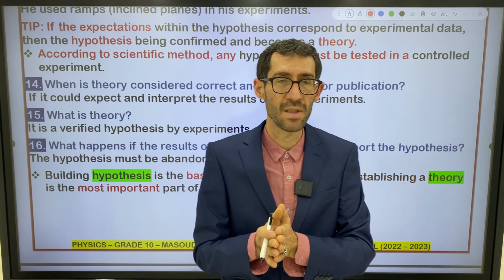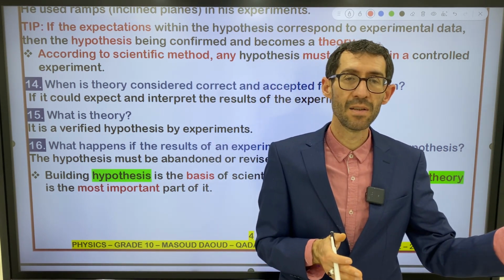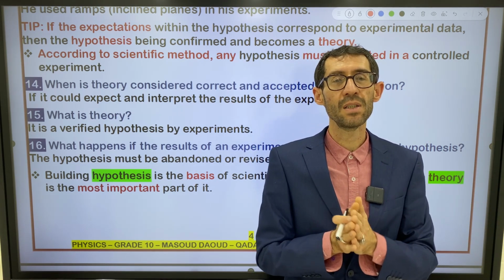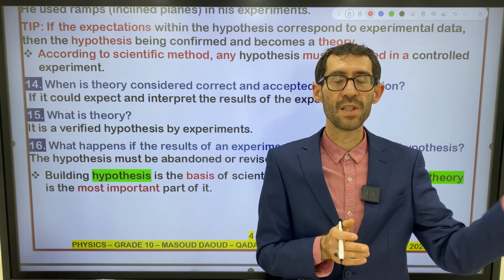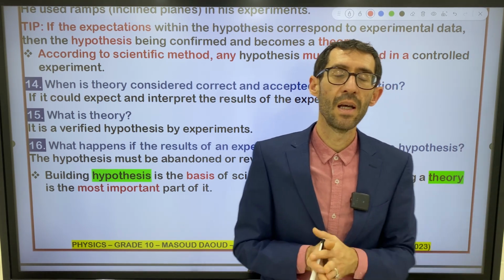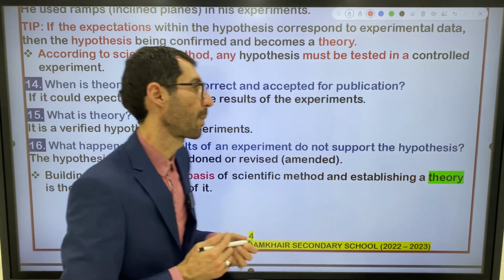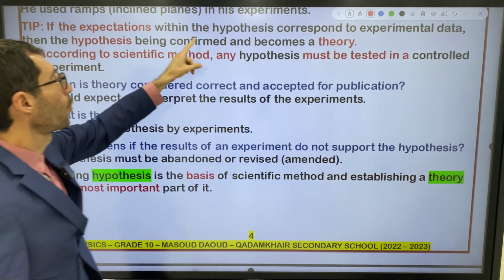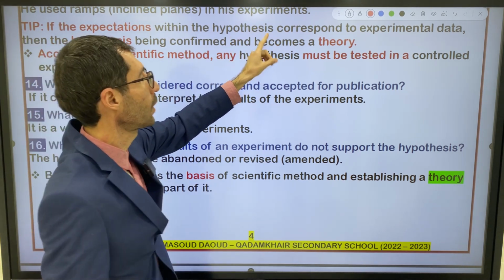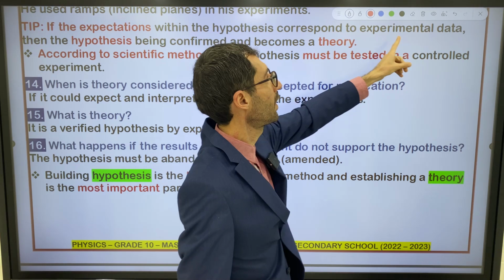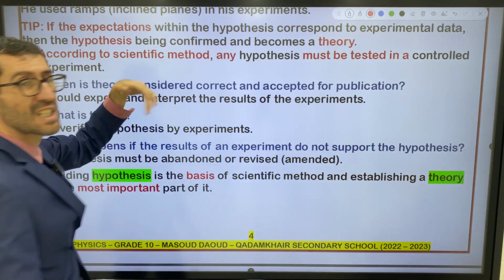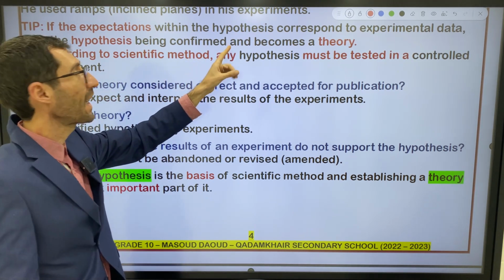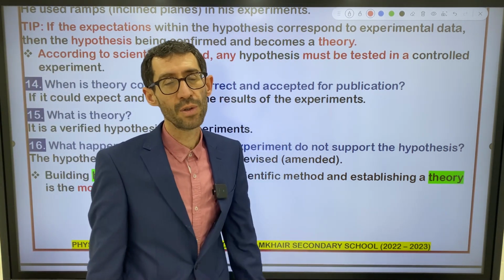If the hypothesis passes the test, the controlled experiment, it automatically turns into a theory. If the expectations within the hypothesis correspond to the experimental data or result, then the hypothesis is confirmed and becomes a theory. I explained it for you.